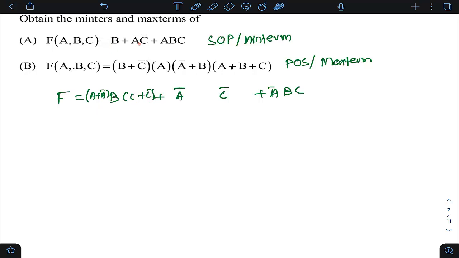In the second term, your B is missing. So here I am writing B plus B bar. So this is one bracket term, this is one bracket term, and this is the other bracket term. Now if I expand it, what do you get?